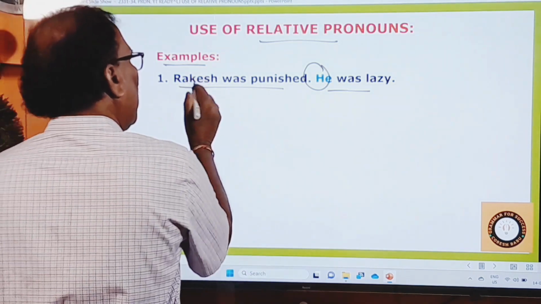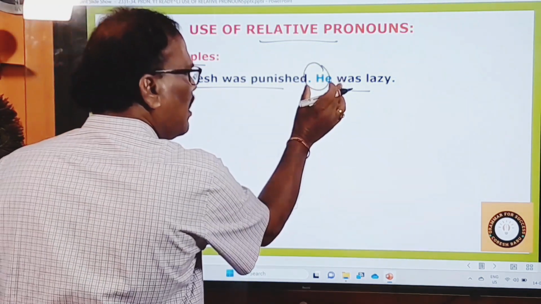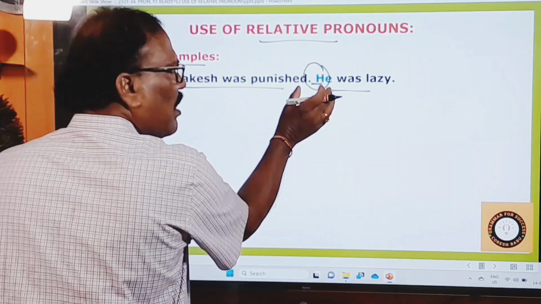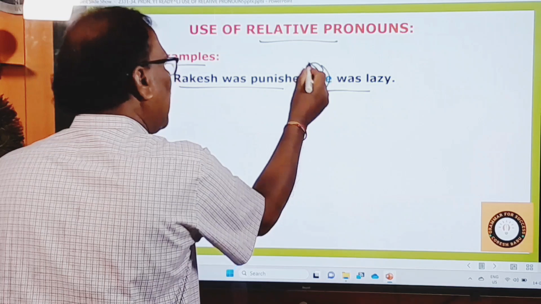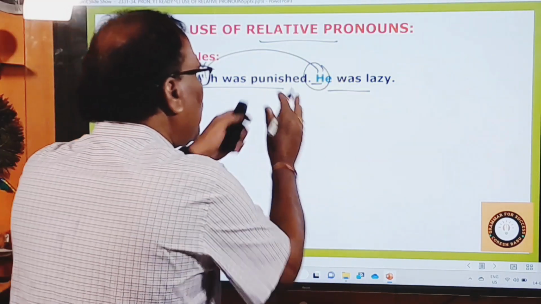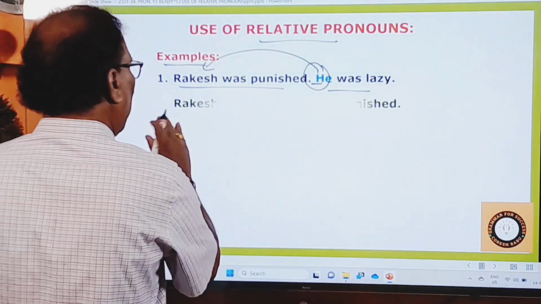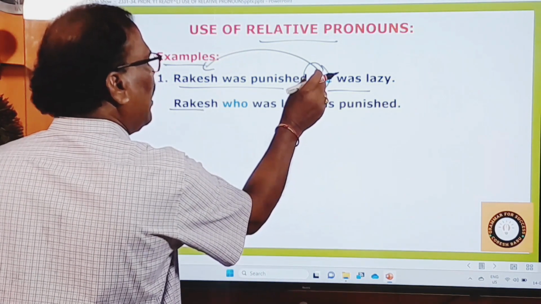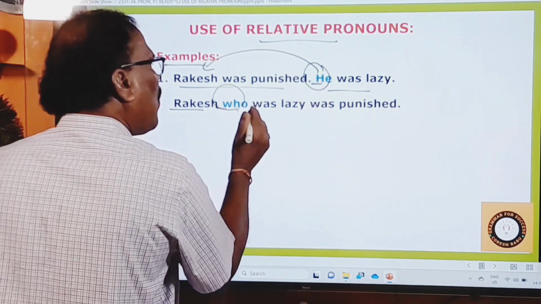About Rakesh in the first sentence. Again, in the second sentence, we are talking about Rakesh only, and this he is referring to this Rakesh, right? Now to join these two sentences together, we have to do like this: Rakesh, and here instead of he, we have to use who, and who was lazy.